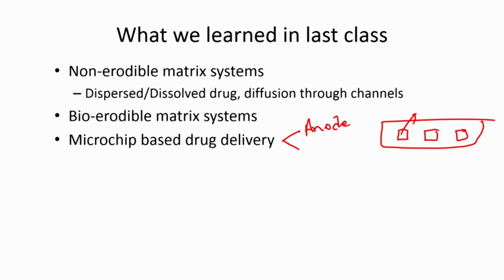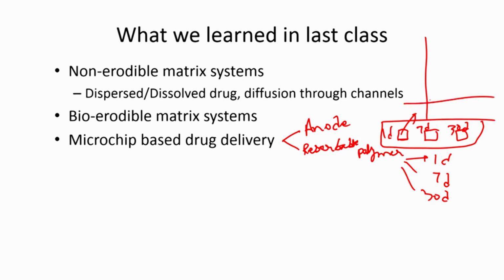The other thing we discussed was, instead of an anode based system, we can have a resorbable polymer. In this case we can predefine that it will degrade in, let us say, either 1 day, 7 days or 30 days, and then you will get a release which will look something like this.